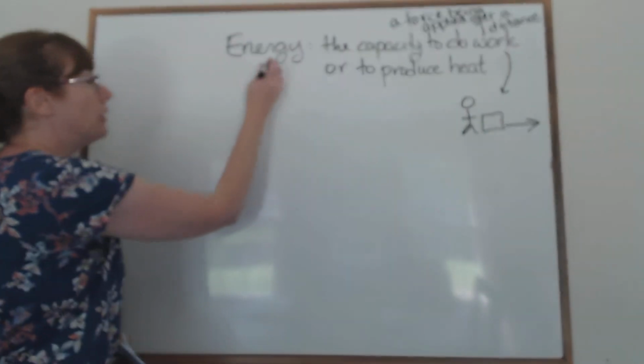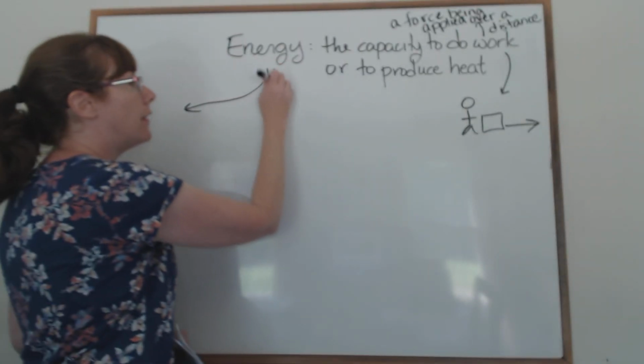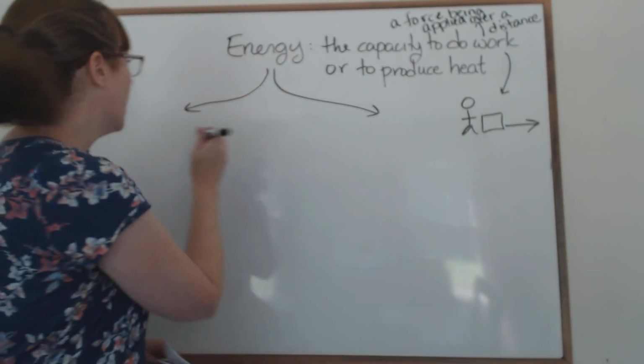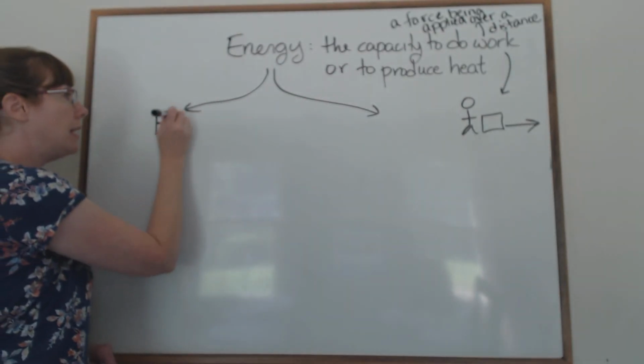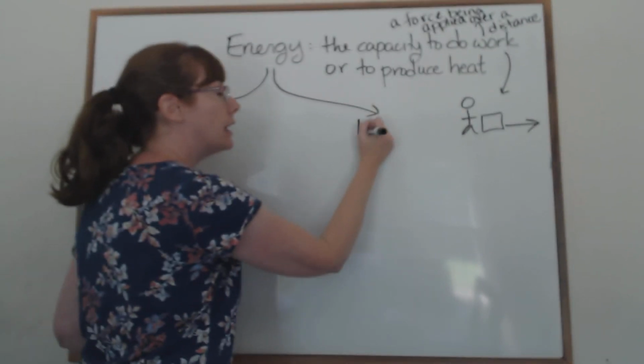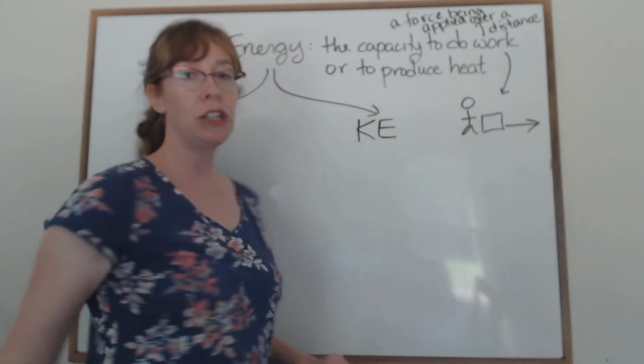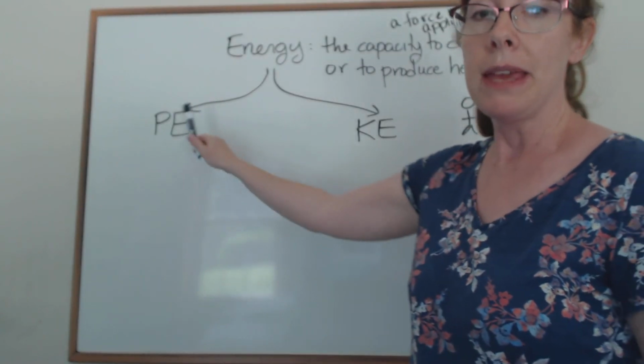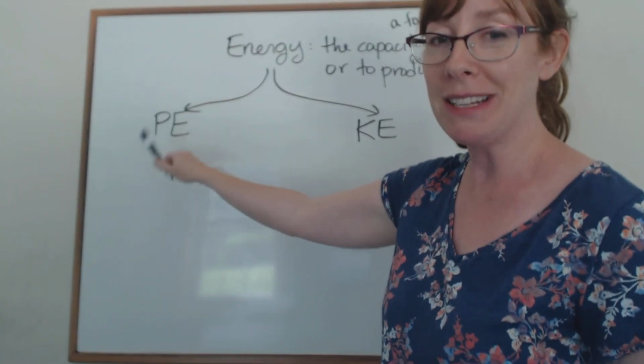Now, most people know that there are two forms of energy. There's only two, and the first is PE, and the second is KE. I bet that 90% of you already know what these are. PE, say it out loud with me, potential energy.